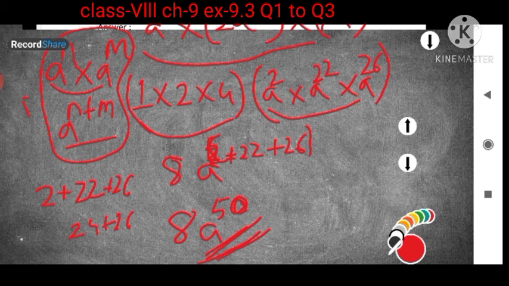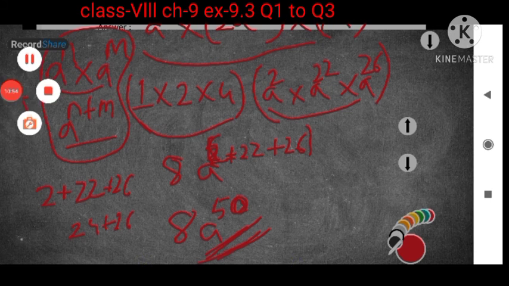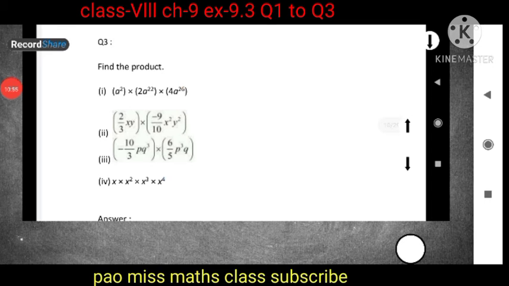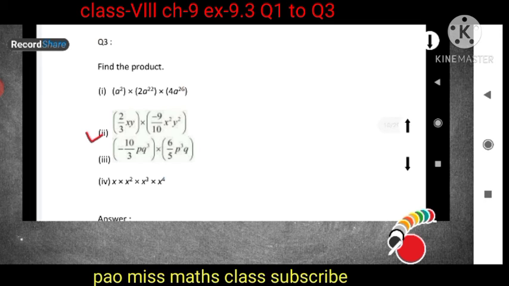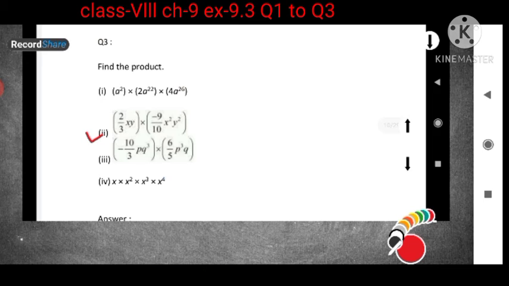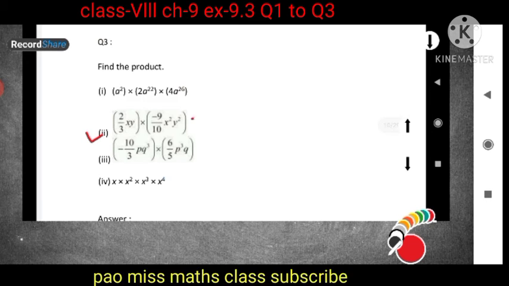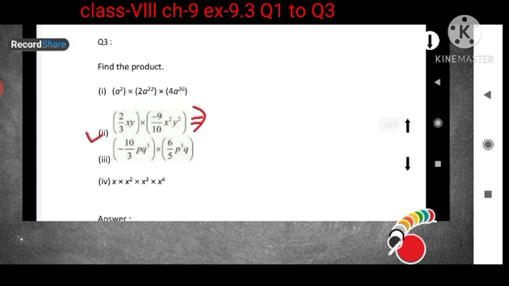Okay, now come to the next question. The second question is given: 2 upon 3 xy multiplied with minus 9 upon 10 x square y square. So what will you do? You will multiply the coefficients separately and the variables separately.